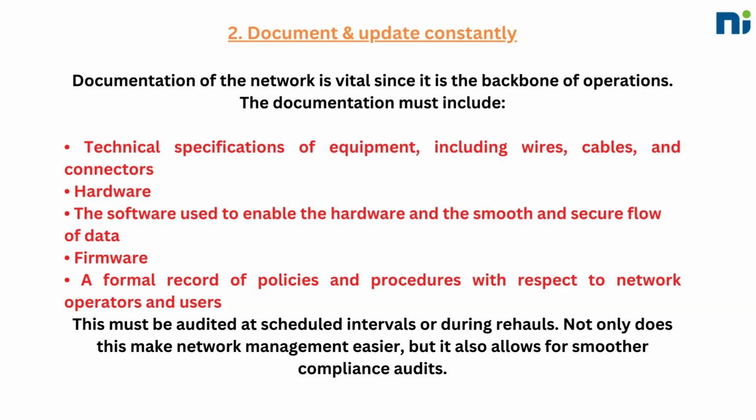The software used to enable the hardware and the smooth and secure flow of data. Firmware. A formal record of policies and procedures with respect to network operators and users. This must be audited at scheduled intervals or during rehauls. Not only does this make network management easier, but it also allows for smoother compliance audits.